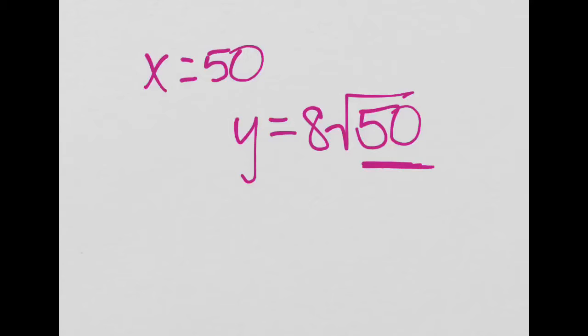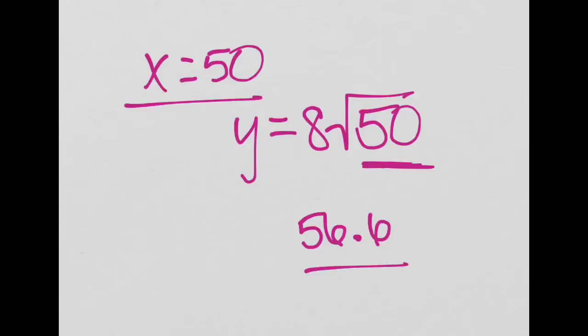You would solve the square root first and then multiply by 8. When you do that, you'd get about 56.6 by multiplying it out, and that is your speed. It depends on what measurements they're using. In this case, what they used was feet per second. So you're just evaluating when x equals that value that they give you, plugging it into y equals 8 times the square root of x.